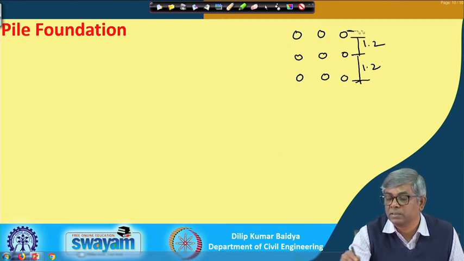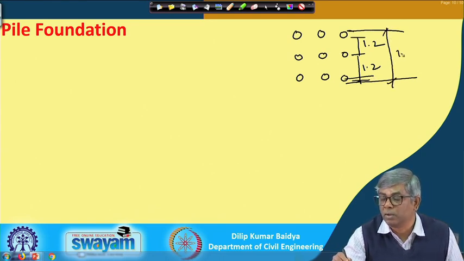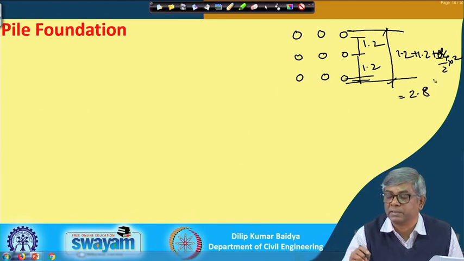So this dimension will be 1.2 plus 1.2 plus d by 2, that means 0.4 by 2, multiplied by 2. So it will be 2.4 plus 0.4, which is 2.8.